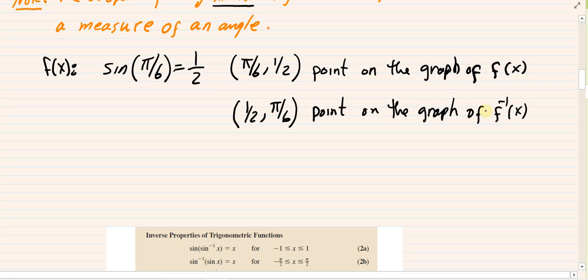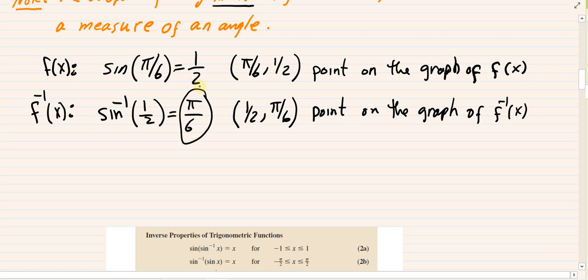So what that means is that just like we use the notation f inverse x, for sine we use the inverse notation. Sine inverse at 1/2 is equal to pi over 6. And there you go. So this is what I mean.